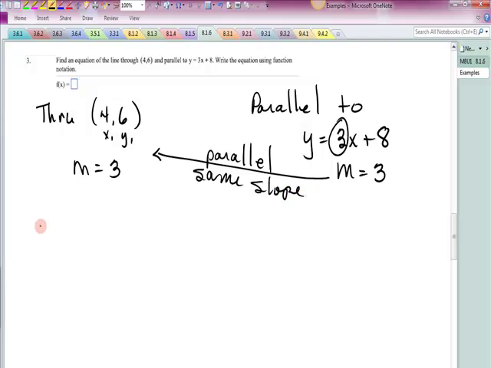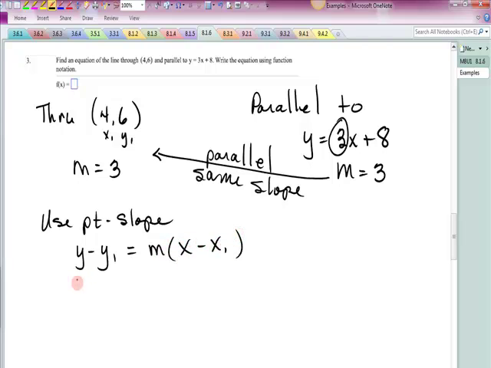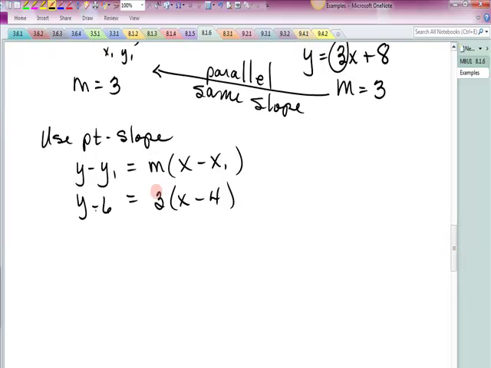All right, so we're going to use point-slope because we have a point and the slope. y minus y1 is equal to m times x minus x1. y minus 6 is equal to 3 times x minus 4. Distributive property.